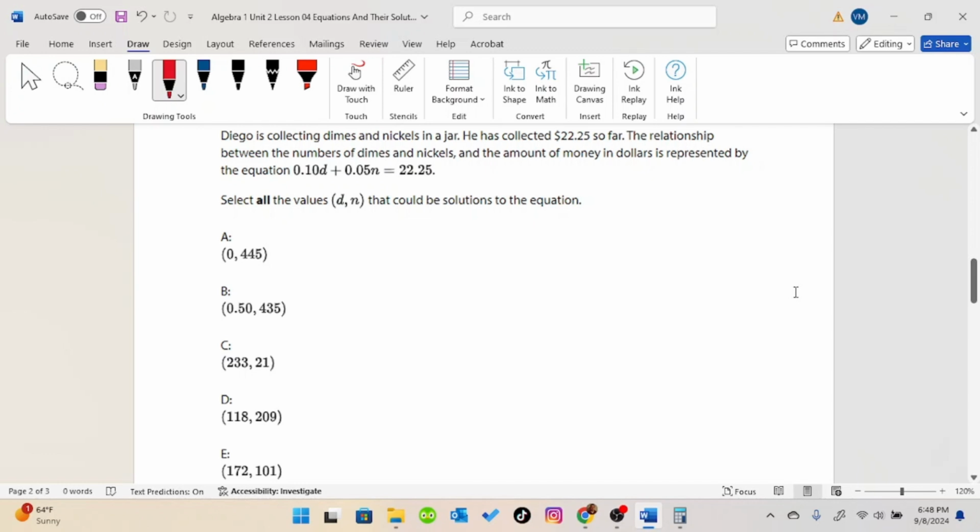Our next practice problem says, Diego is collecting dimes and nickels in a jar. He has collected $22.25 so far.